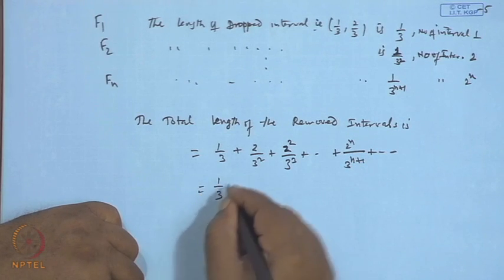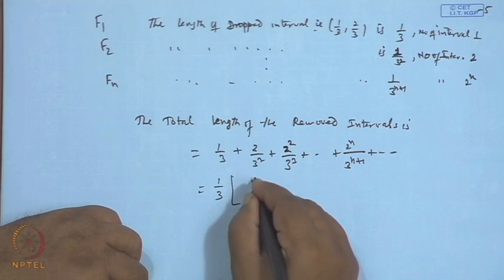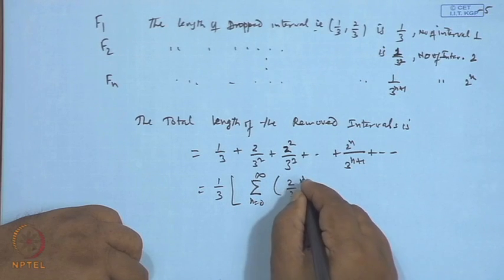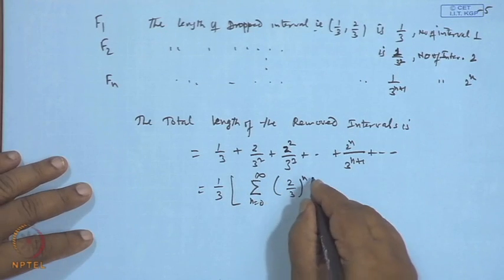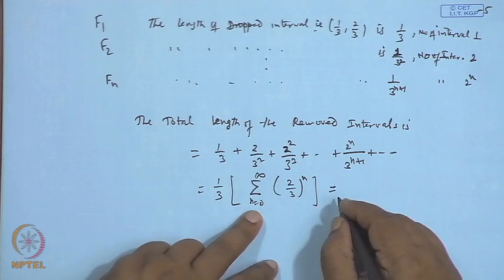Basically, this is equal to 1/3 sigma n from 0 to infinity of (2/3)^n. Now, if I add, this is a geometric series. The first term is 1.